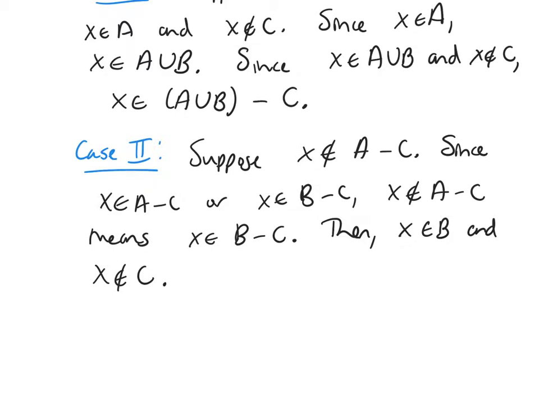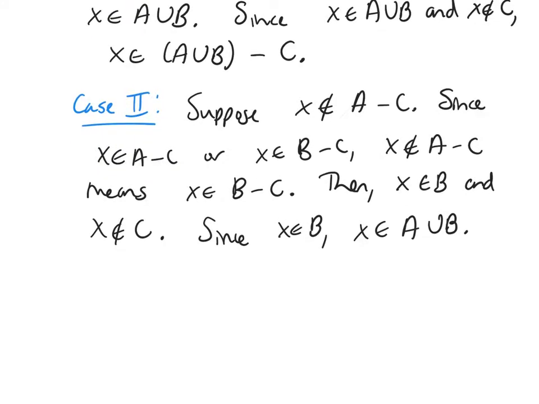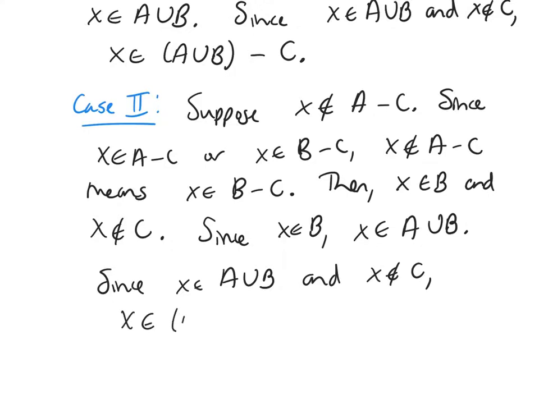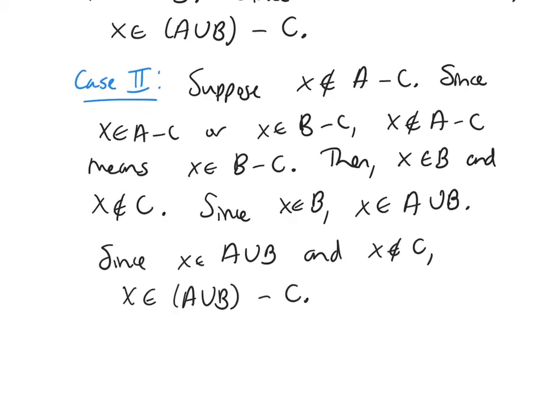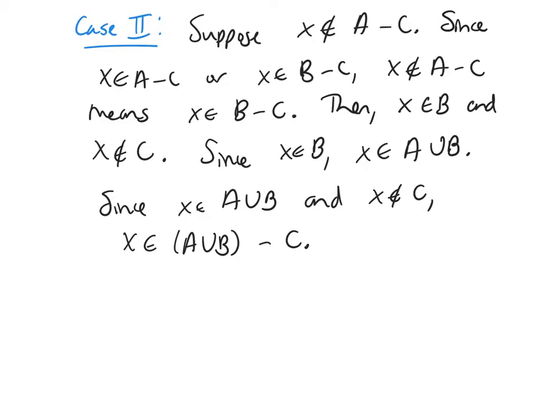In case 2, the next thing we said is that since X is in B, X is in A union B. And now what do we have? We have that X is in A union B and it's not in C, and that's exactly what it means to be in the difference of A union B minus C. So that completed case 2.